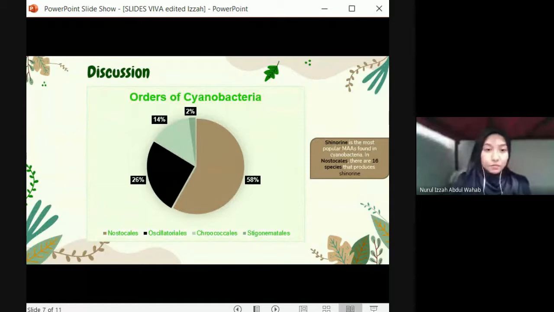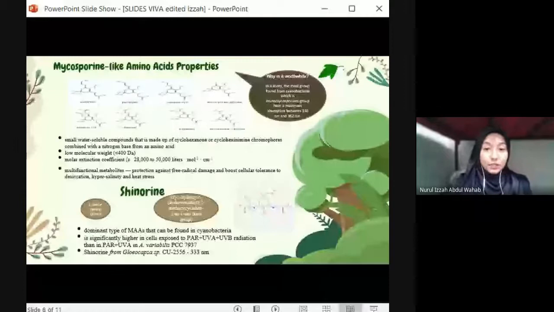Moving on to the Mycosporine-like amino acids properties. In order for the cyanobacteria to protect itself from ultraviolet radiation, they produce the MAA compounds. So basically, these MAAs are produced by the induction of ultraviolet radiation. They are actually small water-soluble compounds that are made up of cyclohexenone or cyclohexenimine chromophores, which weigh less than 400 Dalton.